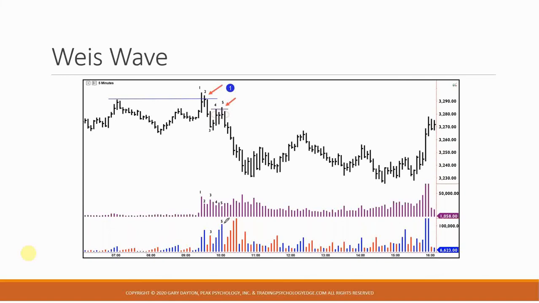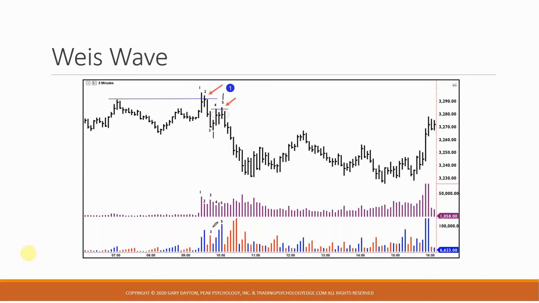Also, notice how the Weiss wave up to bar 5 here, how much volume there is there. It's bigger than the prior 2 waves, right? And the Weiss wave, by the way, is just adding up the volume. It's accumulating the volume from this swing to this swing, on a close to close basis.